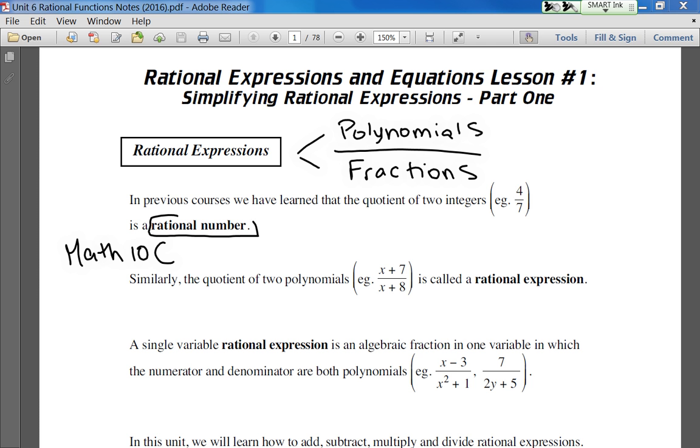we talked about a rational number, and that was basically any number that could be written as a fraction, okay? So like 7, is 7 a rational number? Yeah, because you can put a 1 underneath and it's a fraction. Is pi a rational number? No, because what's different about pi?